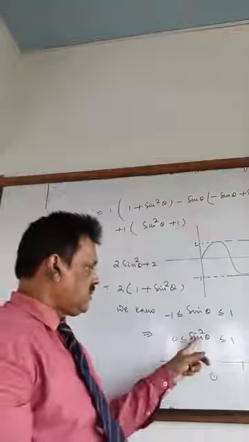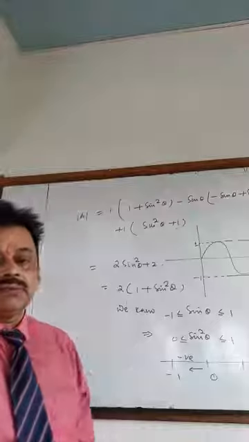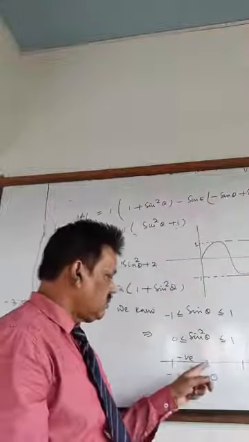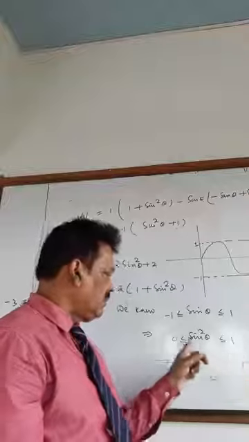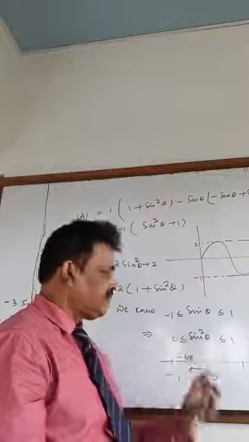Sine square theta is always positive because square of any number is positive, so it will remain between 0 and 1.